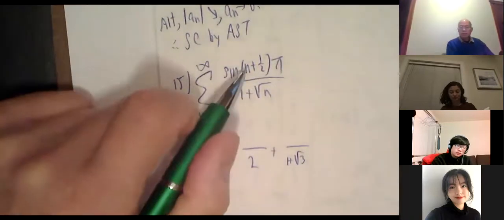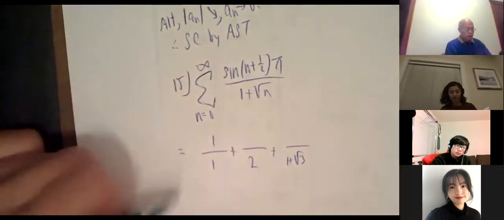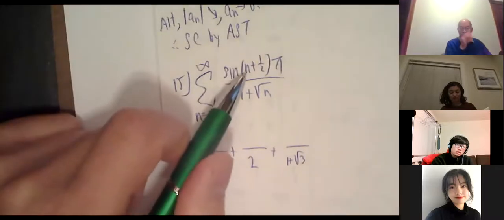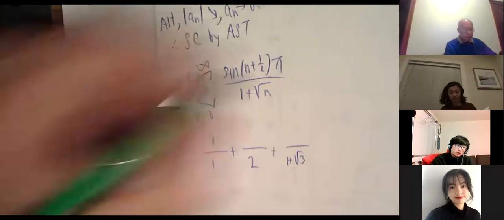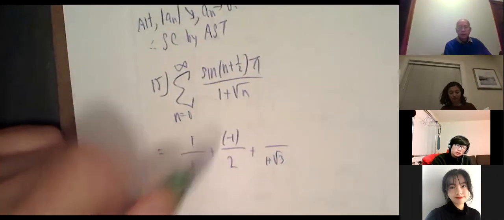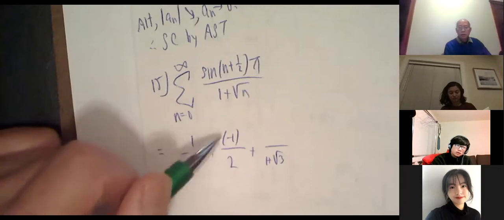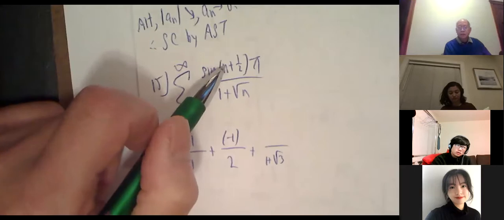Okay, plug in 0. Sine of pi over 2, 1. Plug in 1, 1.5 pi, that's 3 pi over 2. Sine of 3 pi over 2 is negative 1. Plug in 2, 2.5 pi, 5 pi over 2, that's the same as sine of pi over 2, is back to 1.